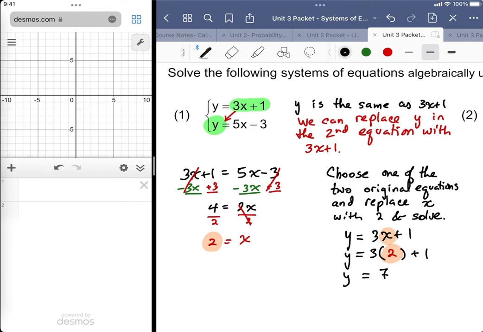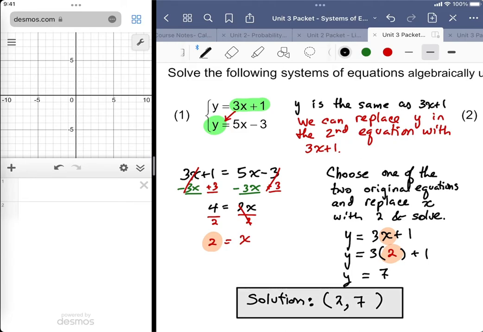So that's my y. And so my solution, or my final answer, however you want to label it, is always going to be in the form of x comma y, because it is an ordered pair, or a set of coordinates. X first, then y. The x value is 2, the y value is 7, and so that's our answer.